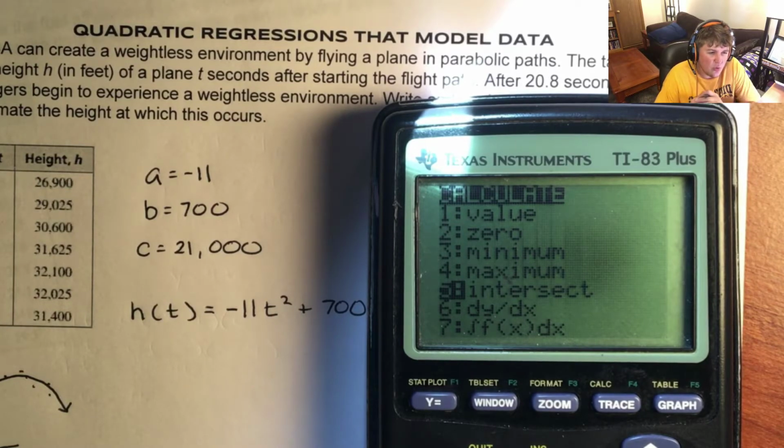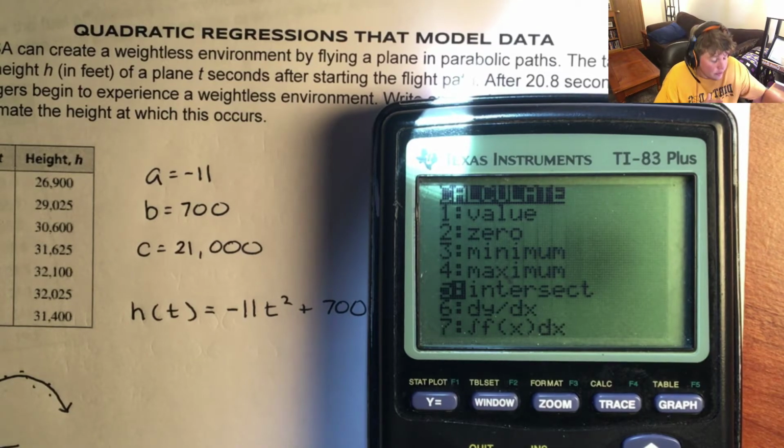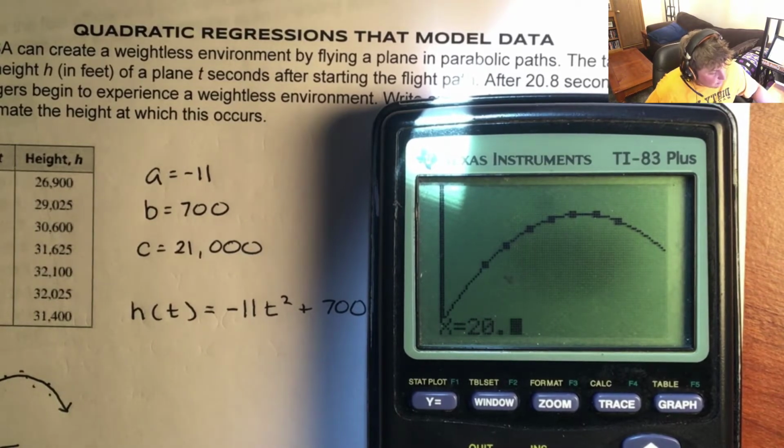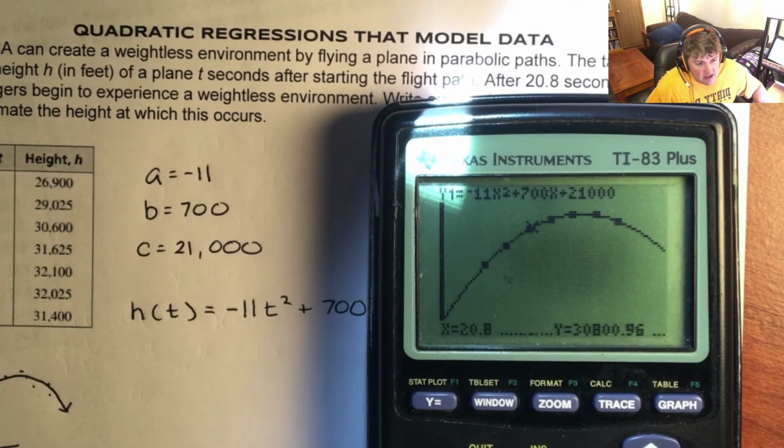Okay, so given this situation, which one of these do we have? When I want to know the height after 20.8 seconds, hopefully, after maybe watching this once again, you're saying to yourself, well, I want to find the y value when I have the x value. So that's this one. So what's my x value? It's 20.8. And the height is 30,800.96 feet.